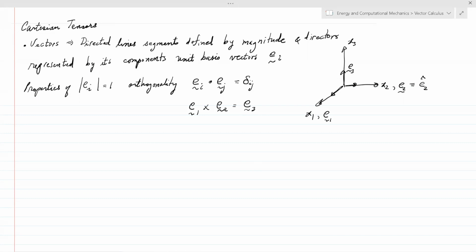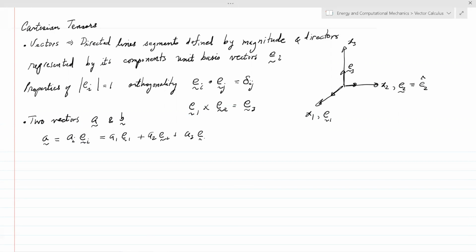And I can now perform operations. So say I have 2 vectors, A and B. So vector A can be written as components of A_i E_i. So that's basically A1 E1 plus A2 E2 plus A3 E3.